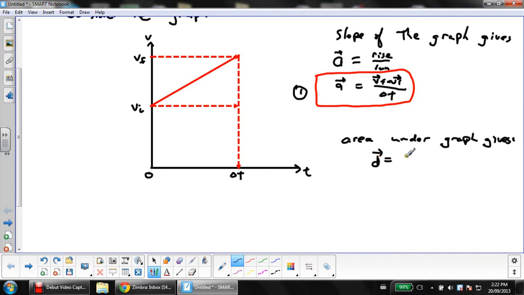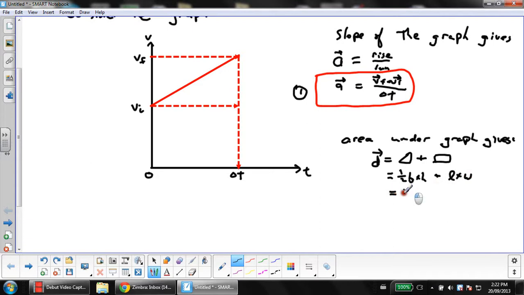So what I'm going to do is draw a little triangle plus a rectangle, because I've got a triangle shape right here and a rectangle shape. The area of a triangle is 1/2 base times height, and the area of a rectangle is length times width.